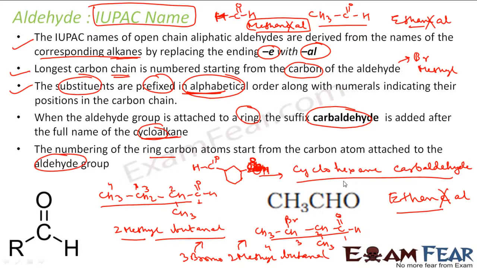Correct? So here also, if I have some methyl or ethyl group attached, for example, if I have a methyl group attached here, let's suppose here, CH3, numbering starts from here, 1, 2, so it will be 2-methylcyclohexanecarbaldehyde. So I covered this, and the numbering part also I covered.